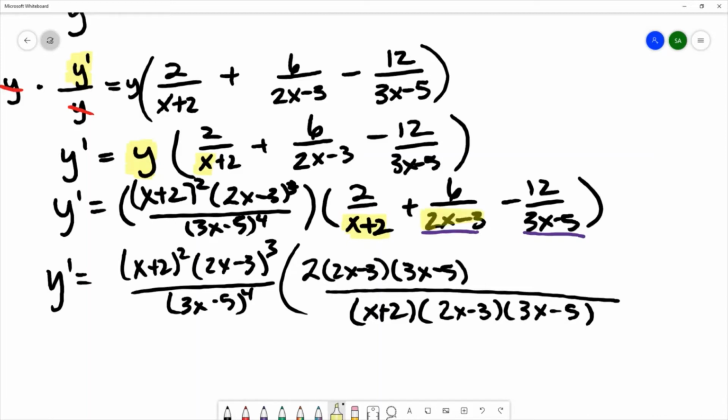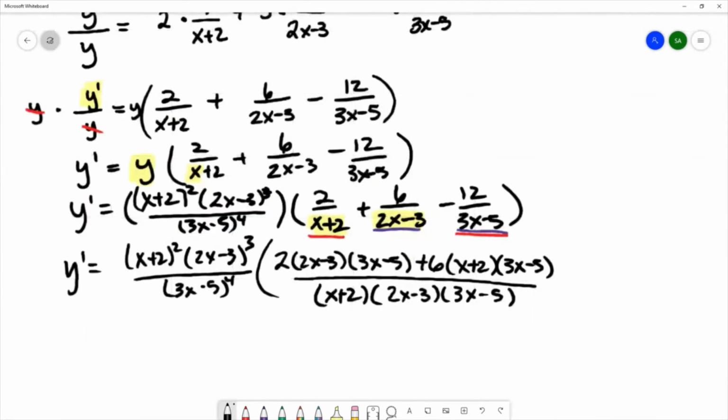This one has 2x minus 3, so I need x plus 2 and 3x minus 5. That's plus 6 times x plus 2 times 3x minus 5. And then that last one would be missing these two here. It's minus 12 times x plus 2 times 2x minus 3.